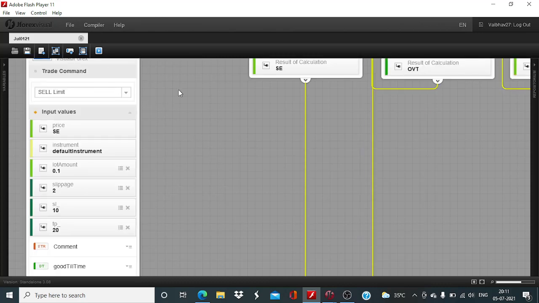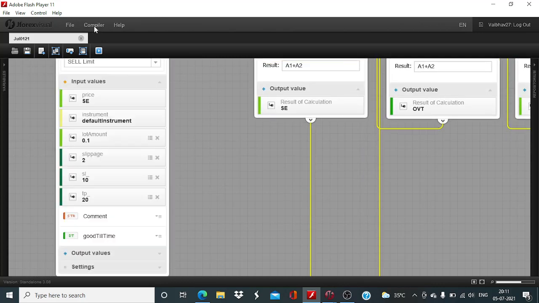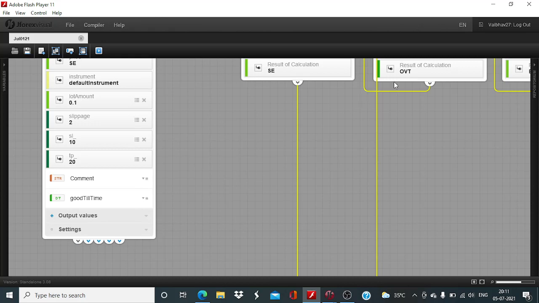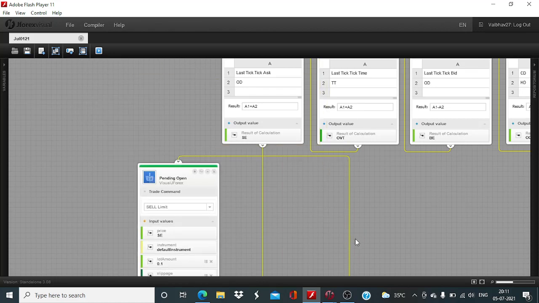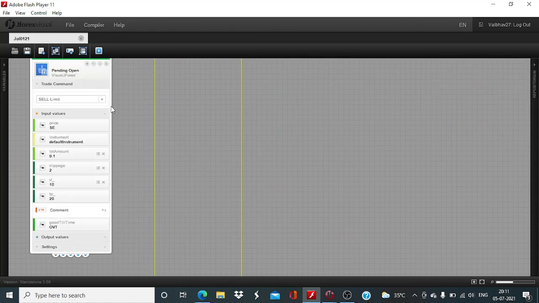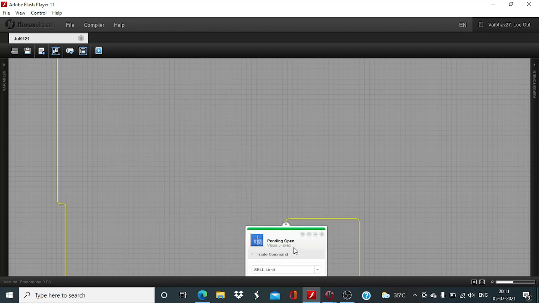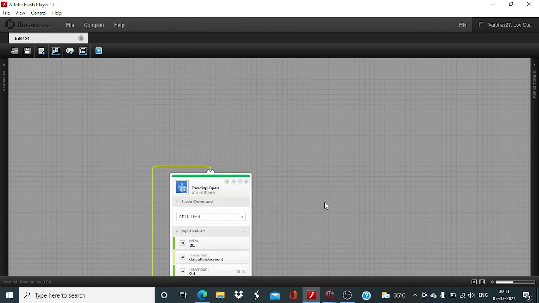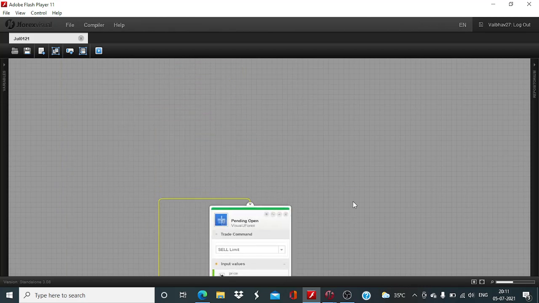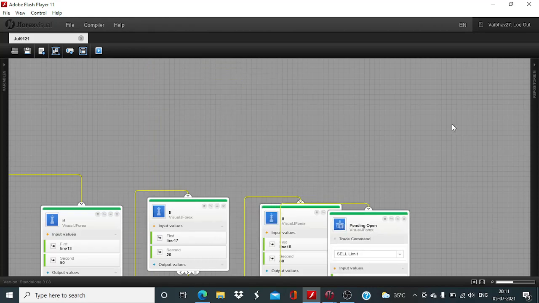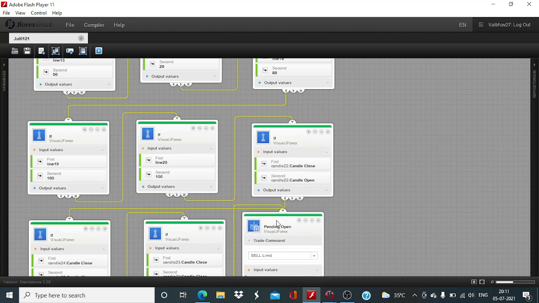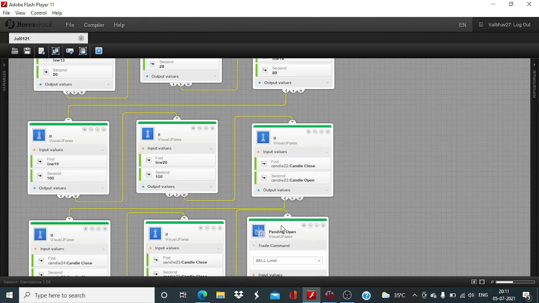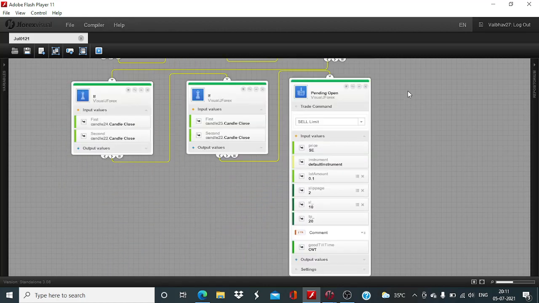And order validity is going to be 1 hour. We have already defined it, OVT. So with this we have defined all the parameters, all the input parameters for the trade command block for placing the sale trade whenever we see that the conditions have become favorable for execution of the sale trade depending on the setup which we have defined using the RSI.